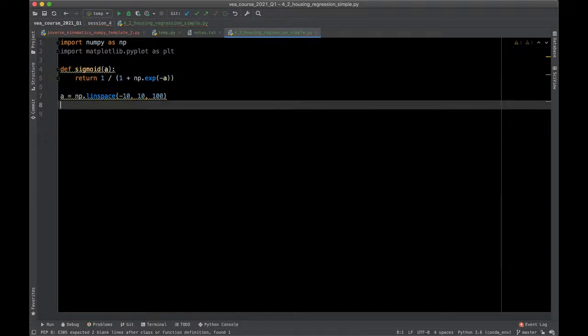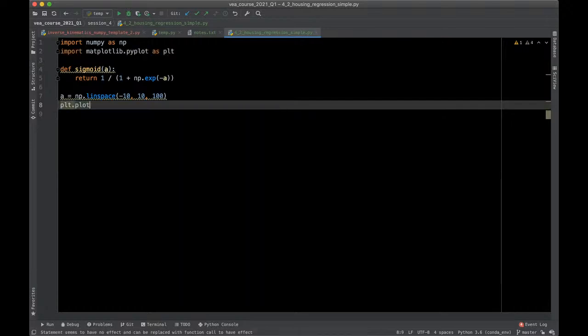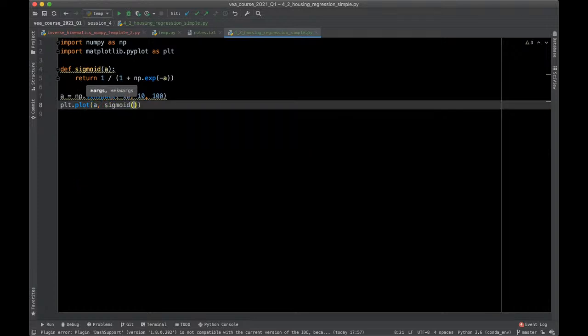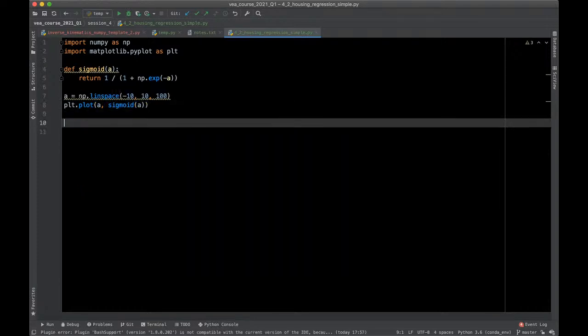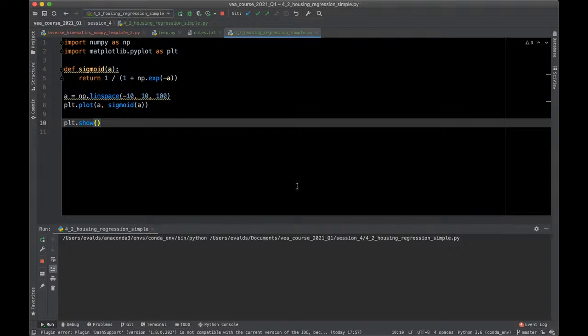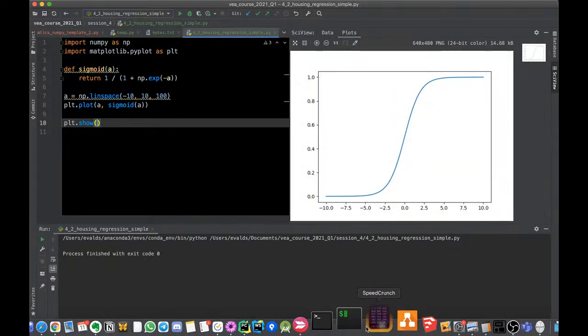And here we would then calculate plot of a comma sigmoid of a, and plot show. So now we have this code here, and if I run it, I get a very nice sigmoid here.